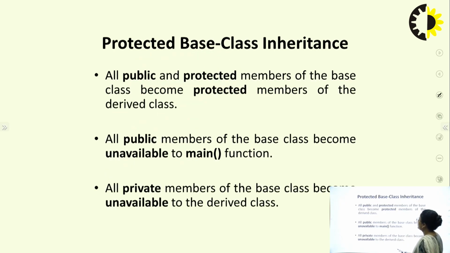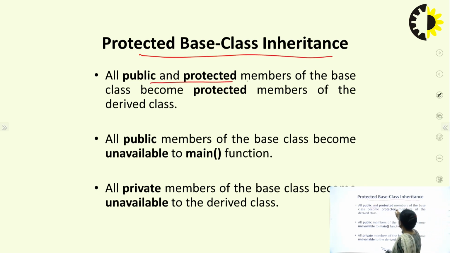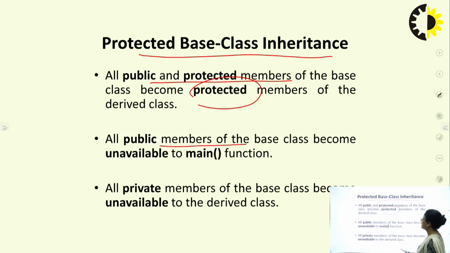Now let us talk about the third scenario, protected base class inheritance. Here, all the public and protected members of the base class become protected members of the derived class, and they are not available to the main function. The point to be noted is that all private members of the base class become unavailable to the derived class.